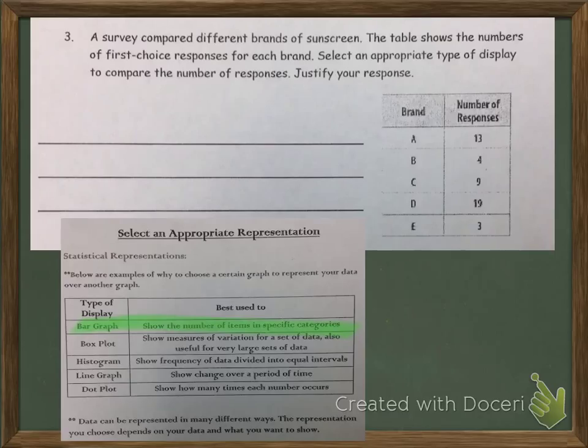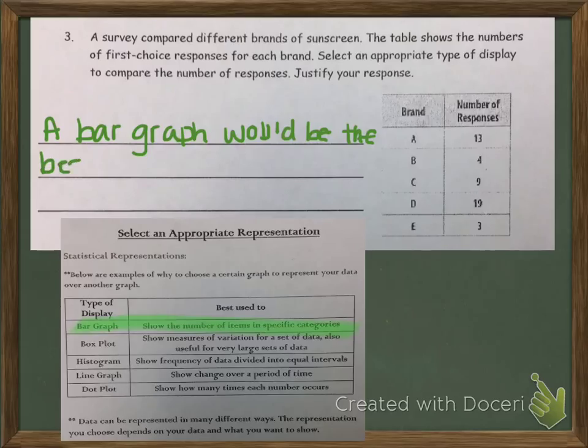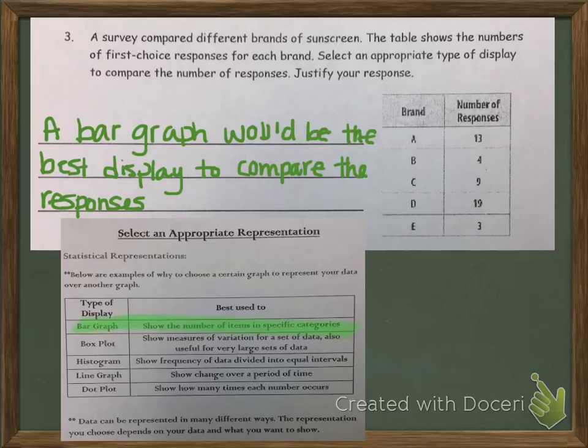So here, we're going to say a bar graph would be the best display to compare the responses because this data shows the number of responses for each brand.